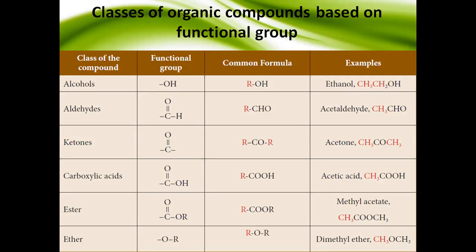Next, carboxylic acid, that is COOH. Example: acetic acid, CH3, COOH. CH3 is R and COOH is the functional group. So the common formula for carboxylic acid is RCOOH. Next, ester. The functional group is COOR. Example: methyl acetate, CH3, COOCH3.